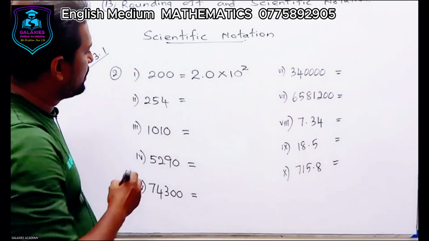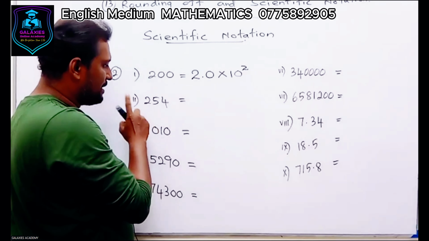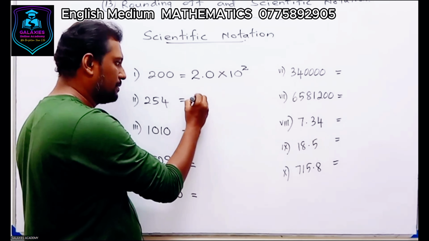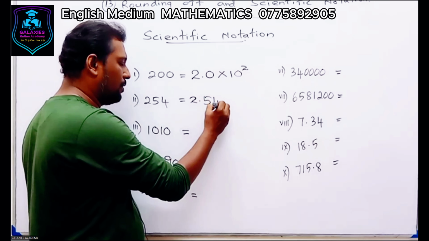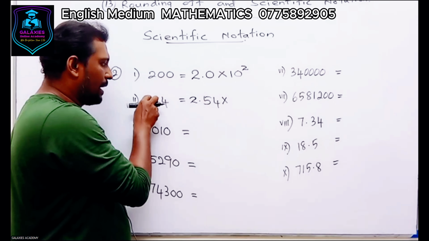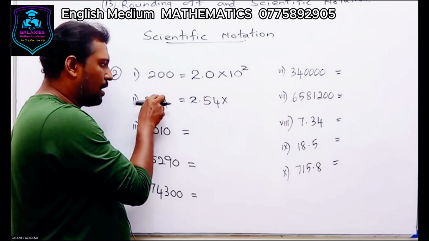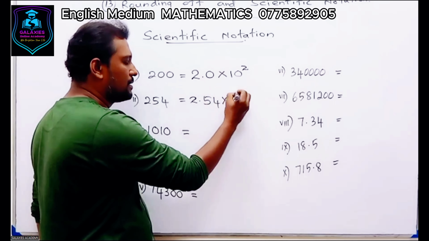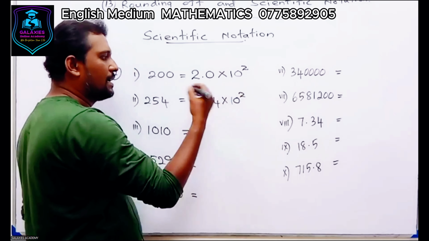Next one, look, the first digit of this number is 2. So 2.54 multiply. I kept the decimal point here. Then to get the initial number, we have to move 1, 2 places in the positive direction. So the power is 10 to the power 2.